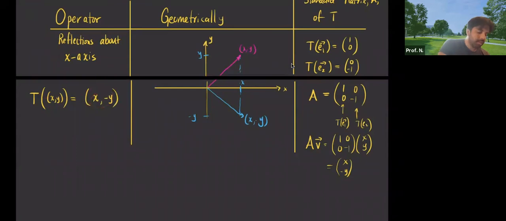The real new thing is that this whole process is a multiplication of the matrix 1, 0, 0, -1 to any vector (x, y).